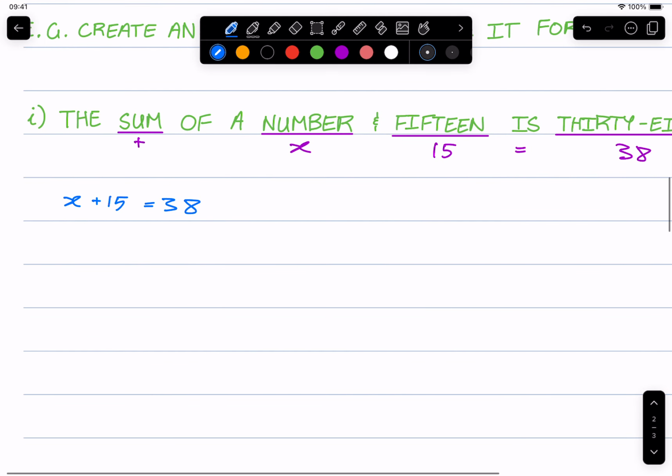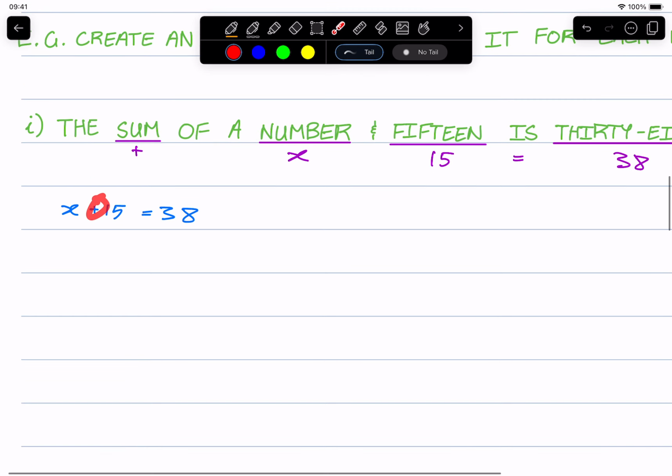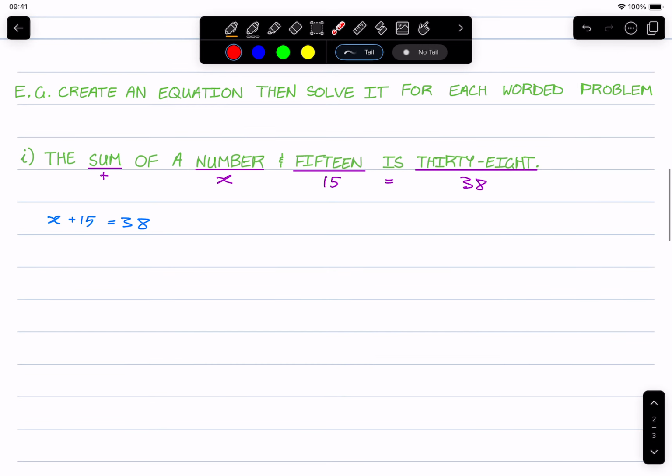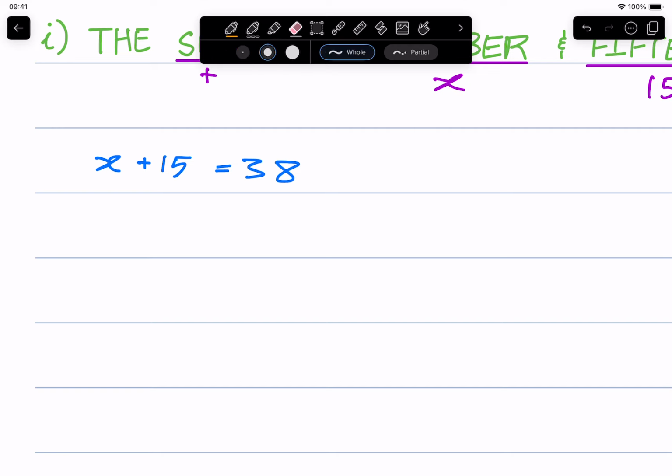Well, there we have it. From this we can solve the equation. As we can see, it says the sum, there's the plus, of number and 15, there it is, number and 15, is equal to 38. And now we simply solve this as we have in the past.